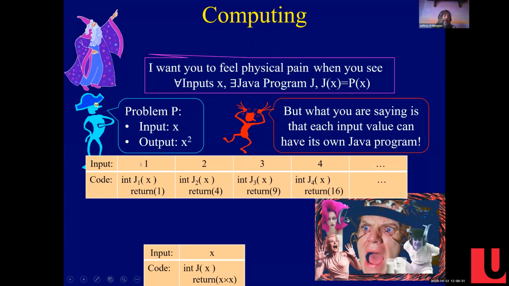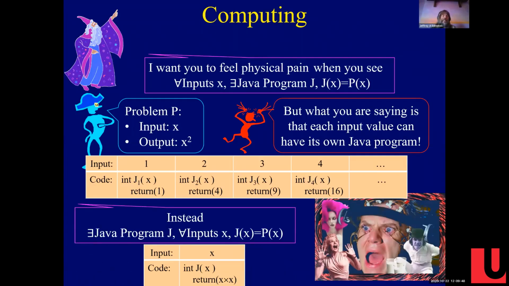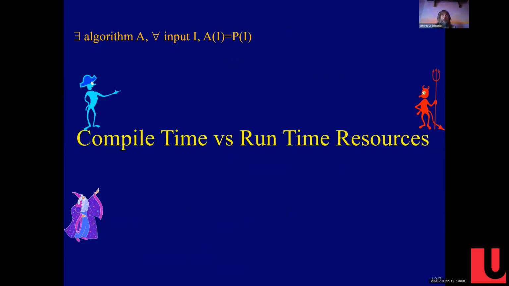This Java program gives the right answer when the input is 1, and this one when the input is 2, and this one input 3, 4. For each input, there's a program that solves the problem. And we do not want to say that. We want to say this, right? So whoever asked this question about this versus this, I had the same question, and I wanted to stick it in there as a reminder. Everybody got that?